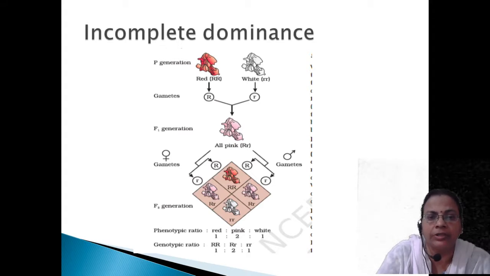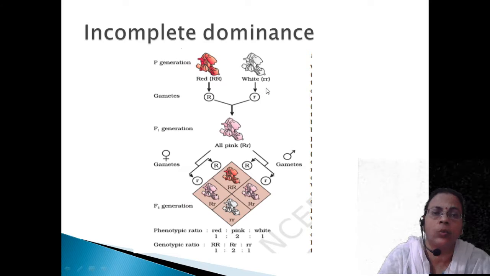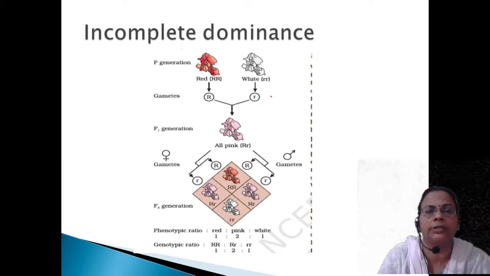And that F1 you can see in this figure, red crossed with white, that is capital R, and here it is small r. We can represent the gametic combination, red with capital R, and white with small r.